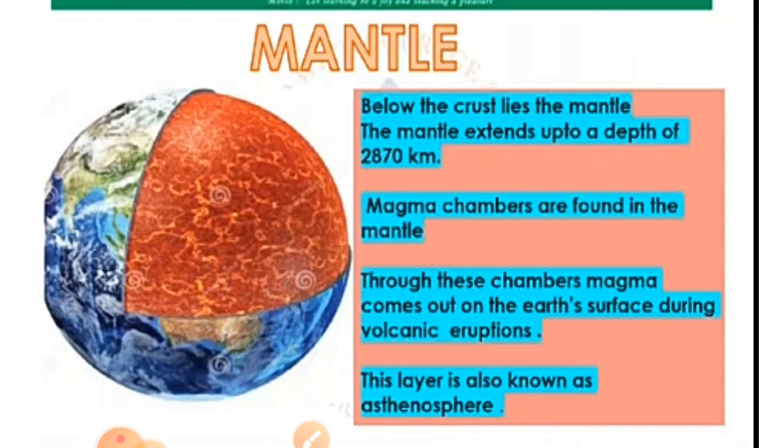Here we find magma chambers. It is through these chambers that magma comes out on the earth's surface during volcanic eruptions. So this layer is also known as asthenosphere.